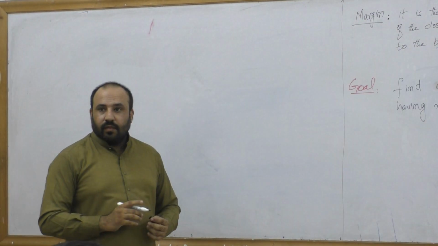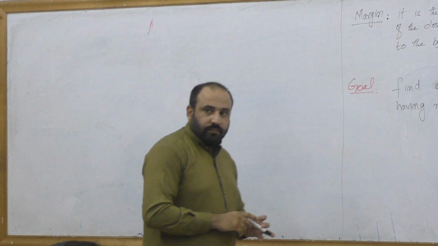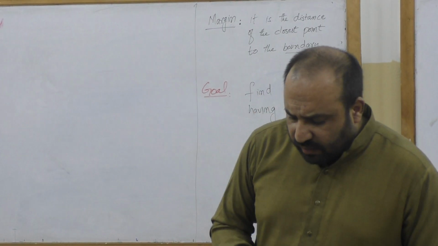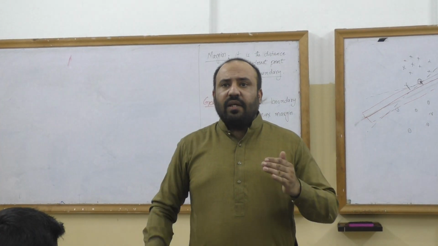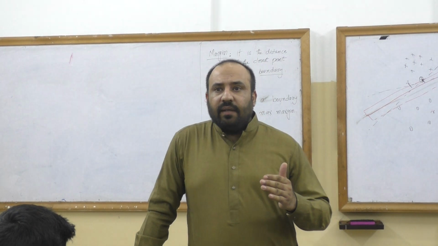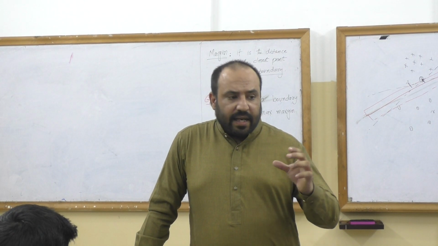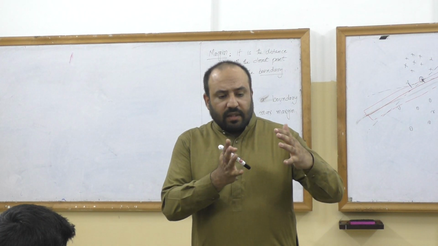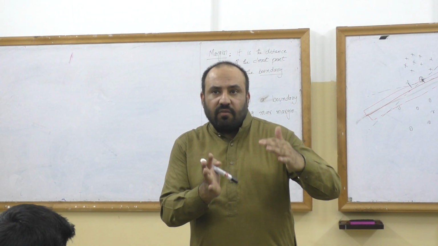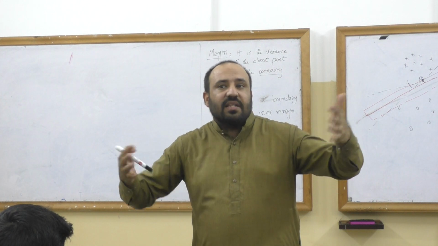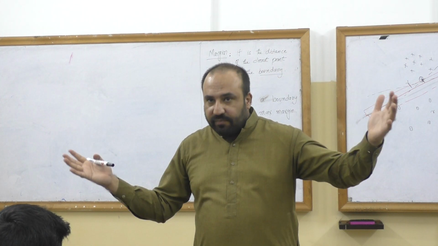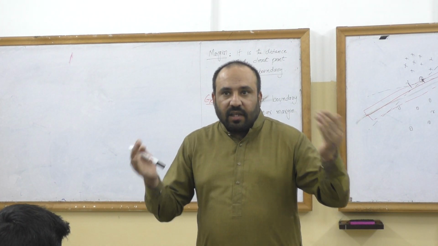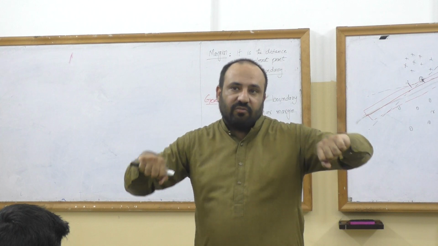थ्योरेटिकली तो लॉजिस्टिक रिग्रेशन बेहतर हो गया ना, क्योंकि इसमें तो हम सिर्फ क्लोजेस्ट पॉइंट के लिए ही बात कर रहे हैं। It is difficult to say in that sense, क्योंकि जब आप कहते हैं कि find out the boundary that has the closest point to it far away, then you are implicitly saying that all the points are far away. और जब आप कहते हैं find out a boundary that all the points are far away, then you are implicitly saying that the closest points are also far away.